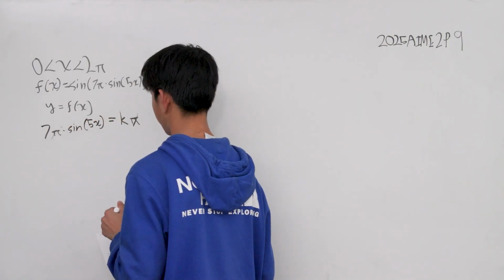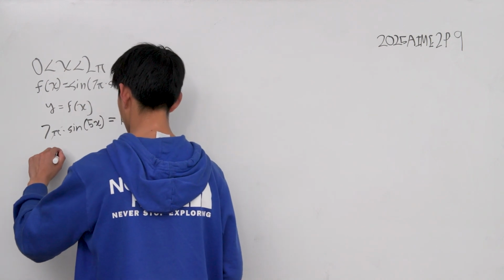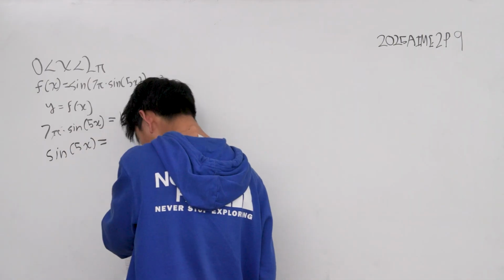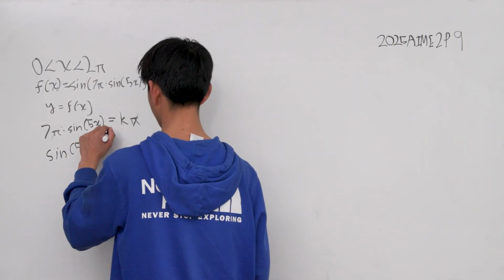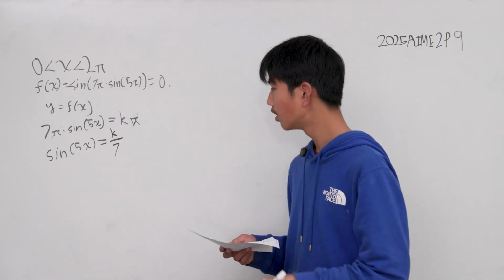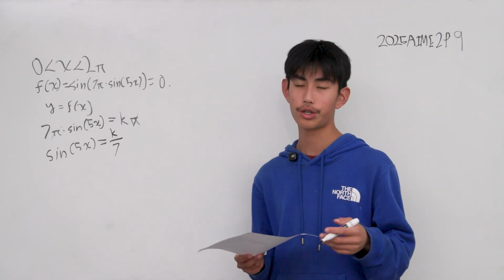Notice the π's cancel out there. So we have sin(5x) equals k over 7.